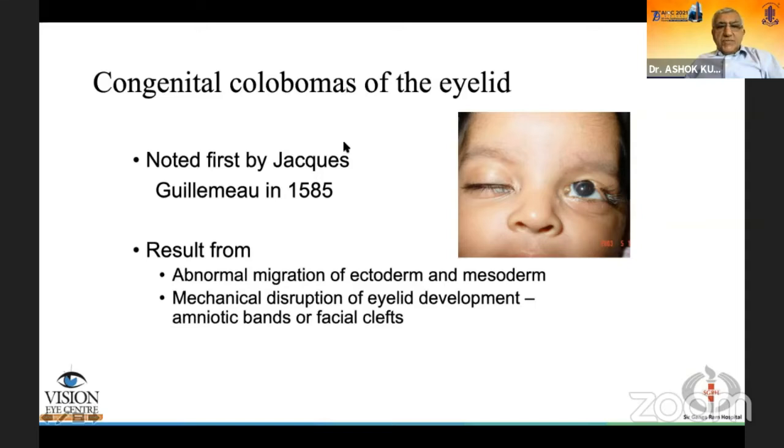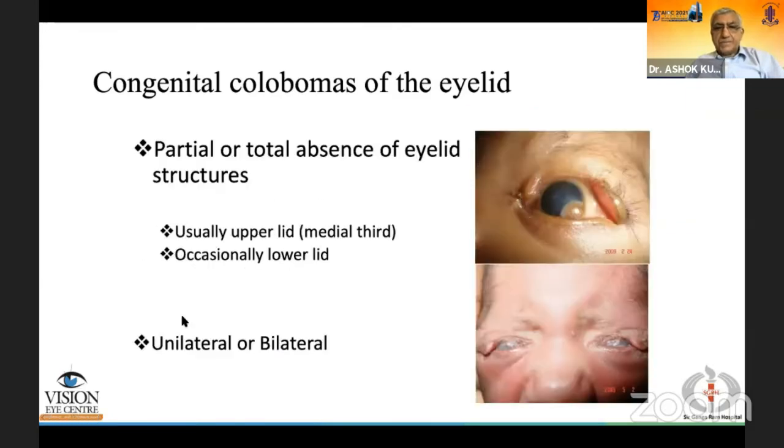Congenital colobomas of the eyelids have been described over 5 centuries ago and may be the result of abnormal migration of ectoderm and mesodermal tissues of the face. However, mechanical disruption of eyelid development by amniotic bands or various facial clefts may also be responsible.